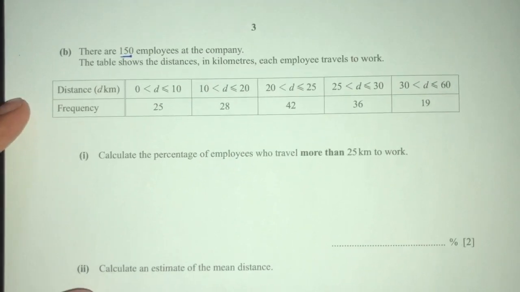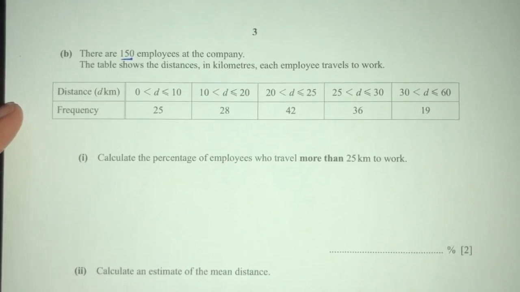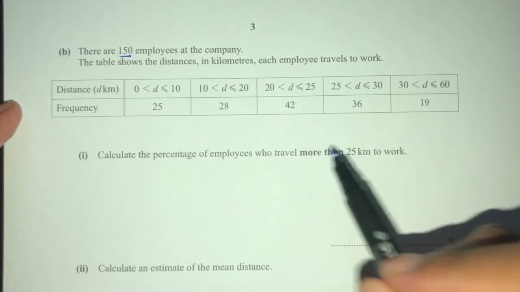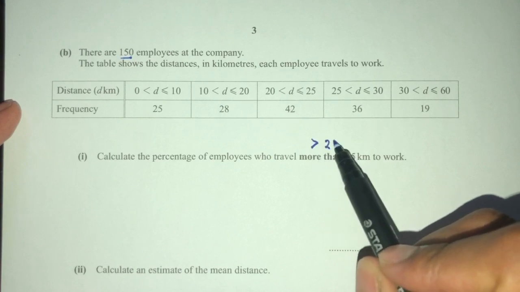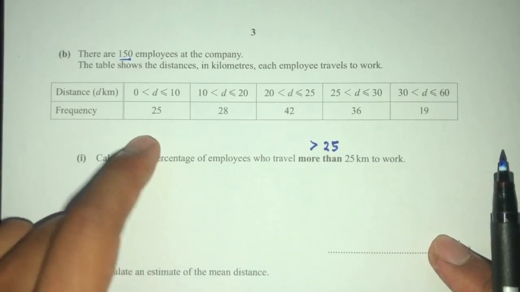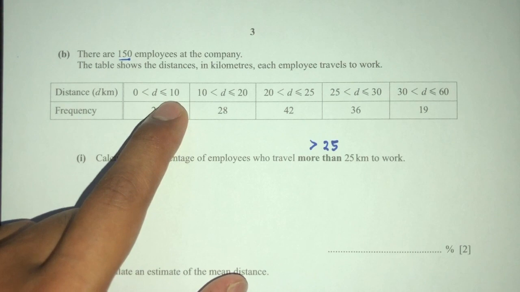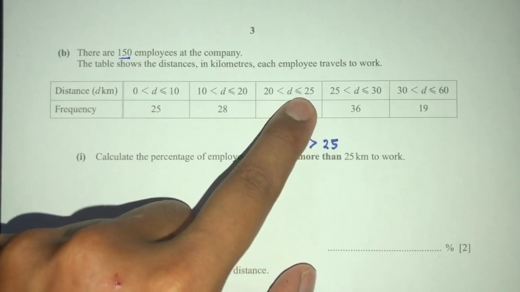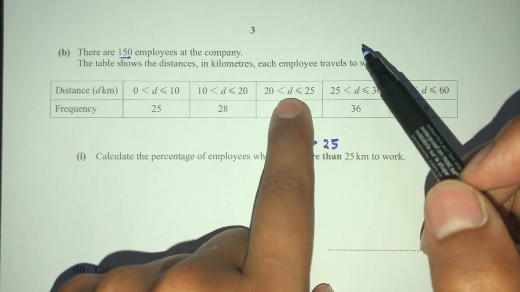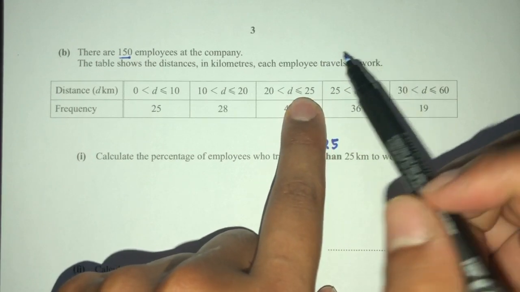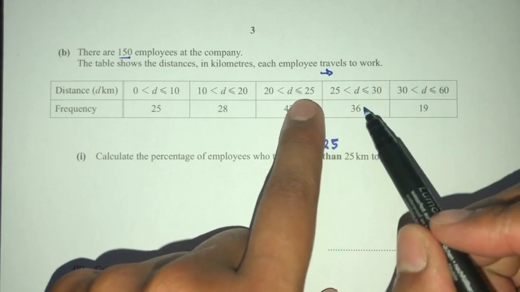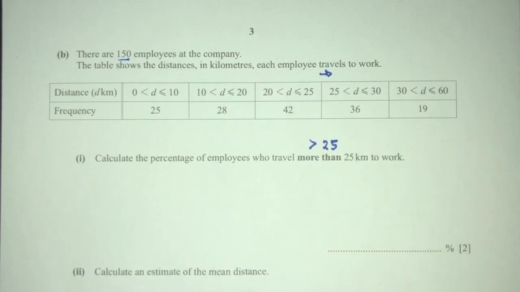Now part 1, we have to find the percentage of the employees who travel more than 25 km to work. So more than 25, let's have a look. Everything over here is less than 25. So more than 25 will be everything over here, right? Do you agree? So that will be 36 plus 39. Let's use our calculator here.